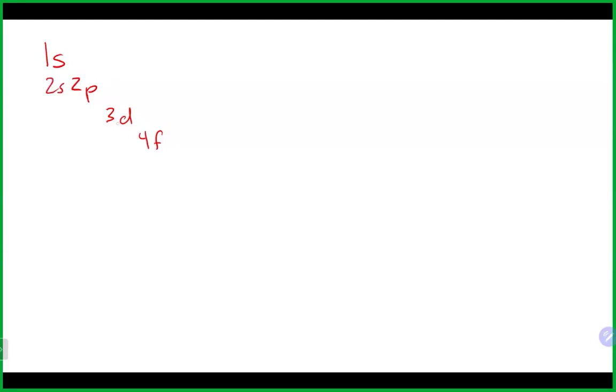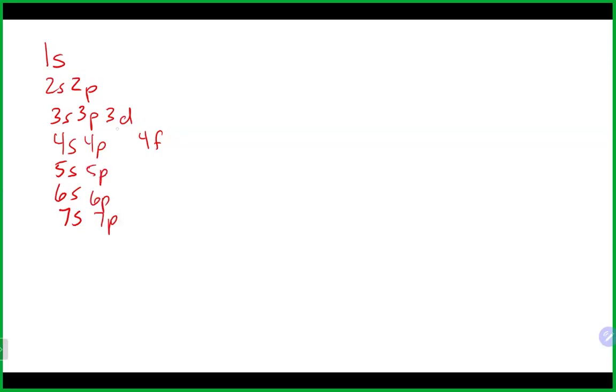You go 2s, keeping the same letter all the way down. You could go to 7 if you want on all of them. Definitely the first two, you should go to 7. And then do the same thing for the other 3p, 4p, 5p, 6p, and 7p.